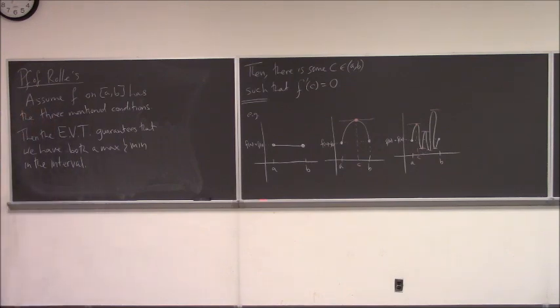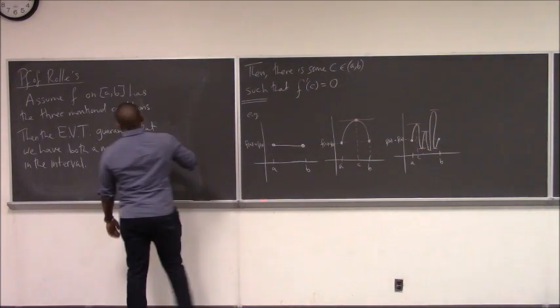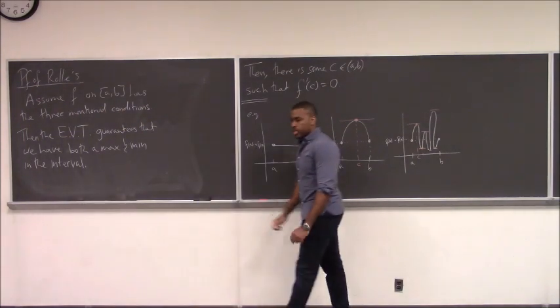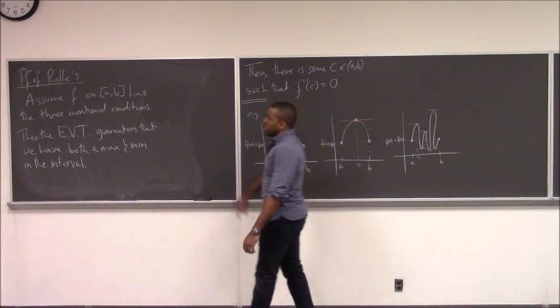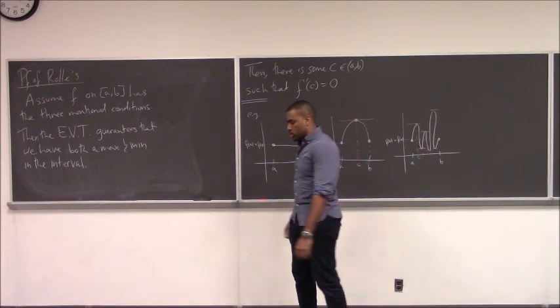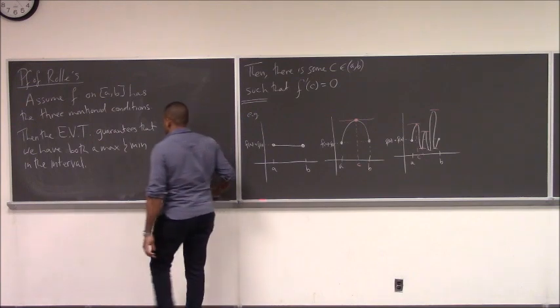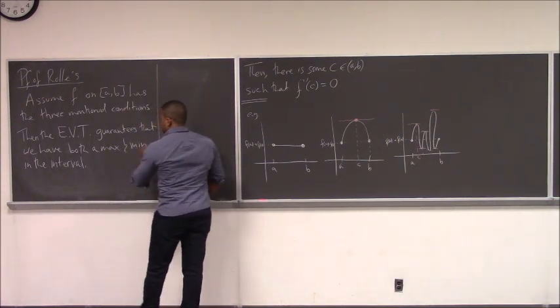Right? Remember the extreme value theorem that says if you have a continuous function on a closed interval, it's guaranteed to attain its absolute max and min on that interval. So any function that fulfills the three conditions, in particular condition 1, the extreme value theorem says we will have both the max and min there.